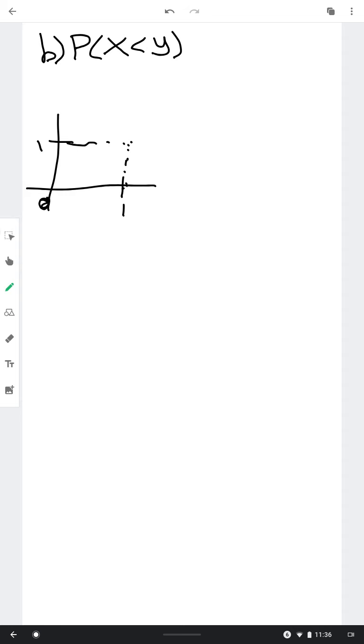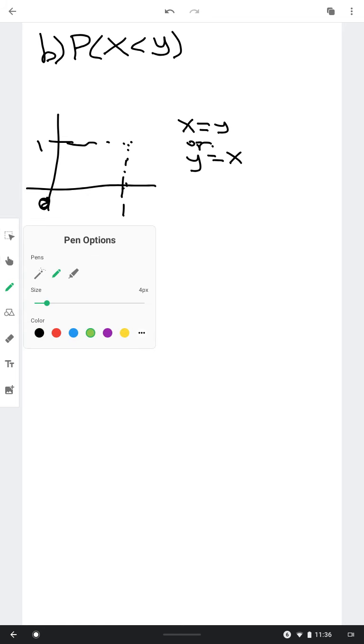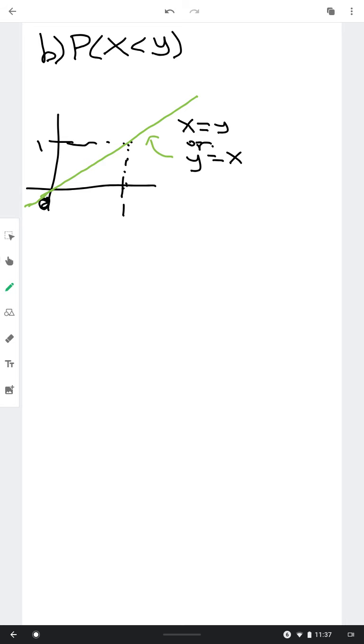And the best thing to do is, when we have X less than Y and want to graph it, we should look at the equality X equal to Y, or Y equal to X. Let's draw that on the graph. So let's draw Y equal to X. Here it is right here. Here's Y equal to X.